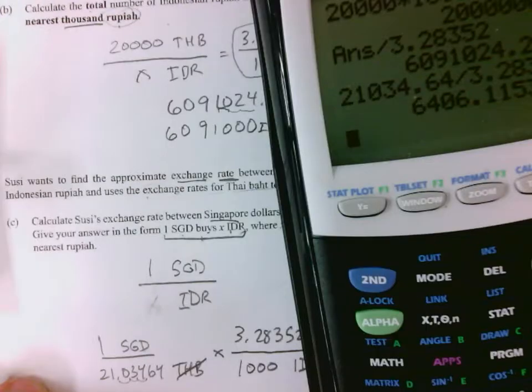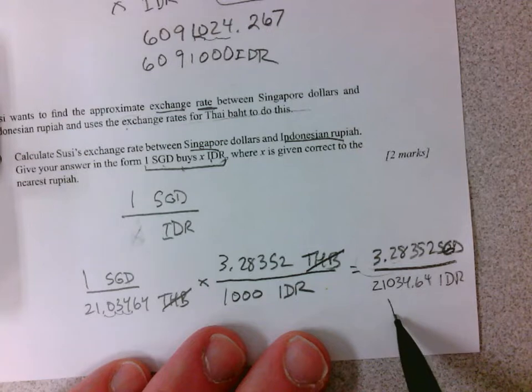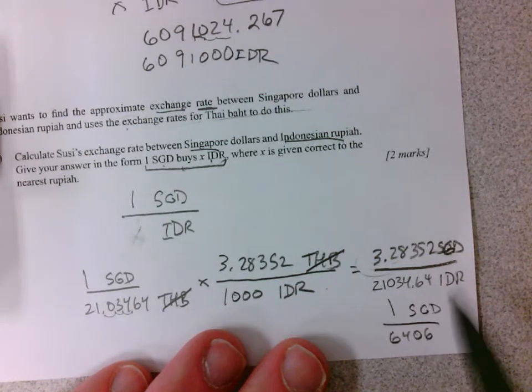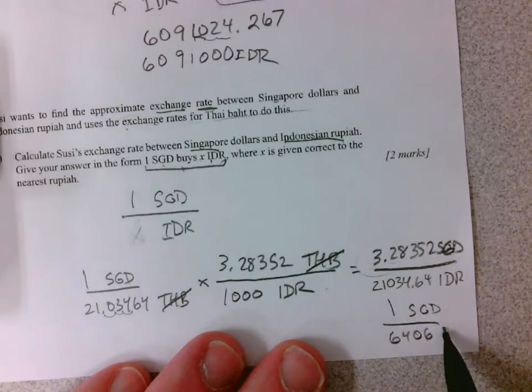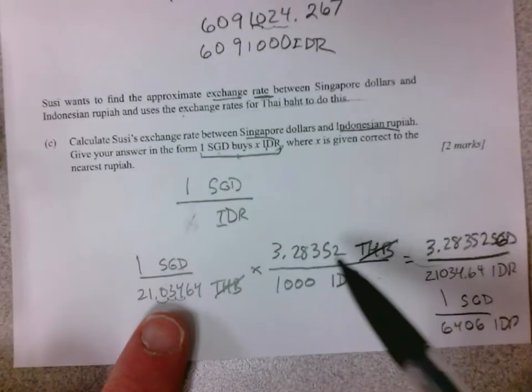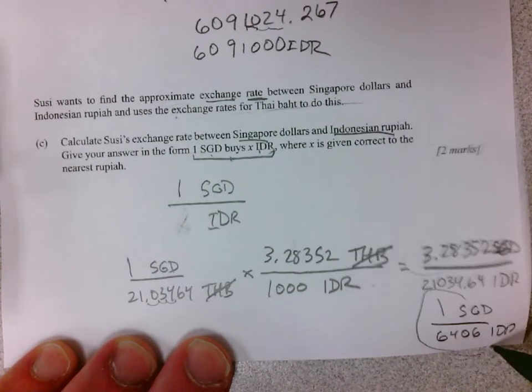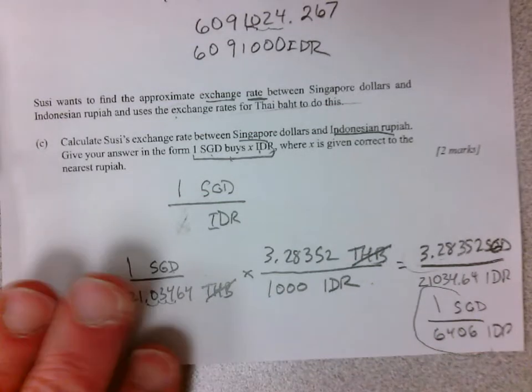So I have 1 Singapore dollar equals 6,406 IDR. If you did this a different way, that's fine. Check your final answer. You might want to even write that as a sentence. That's video number 1 on exchanges.